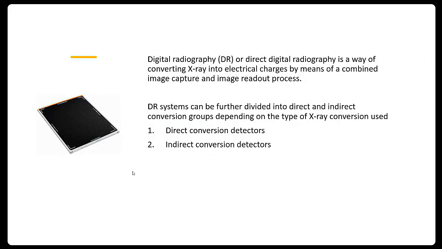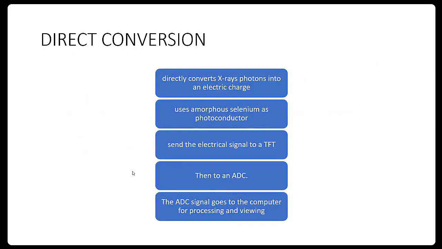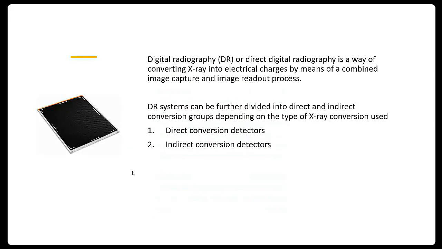Okay, so DR systems can be further divided into two types: direct conversion detectors and indirect conversion detectors. So, the first one, direct conversion detectors, they have an X-ray photoconductor such as amorphous selenium that will directly convert X-ray photons into electric charge.